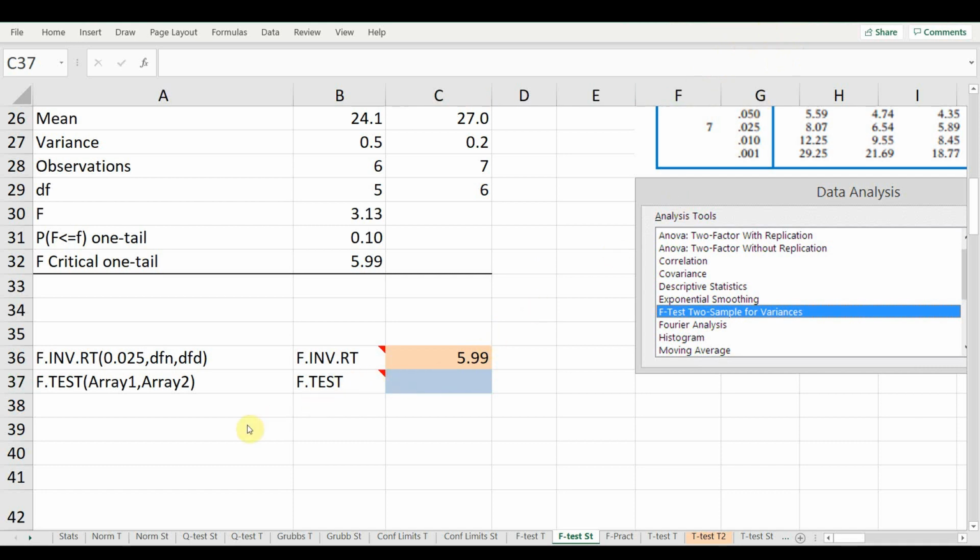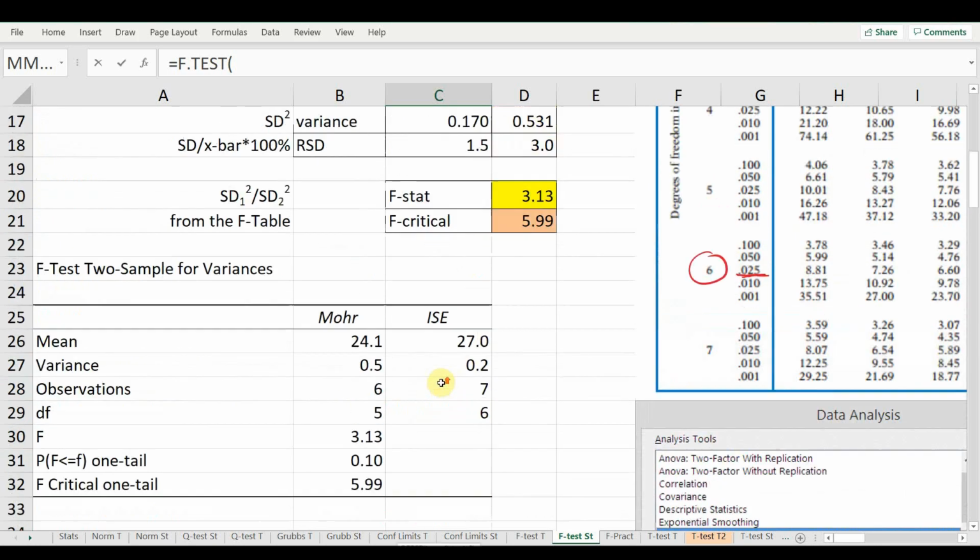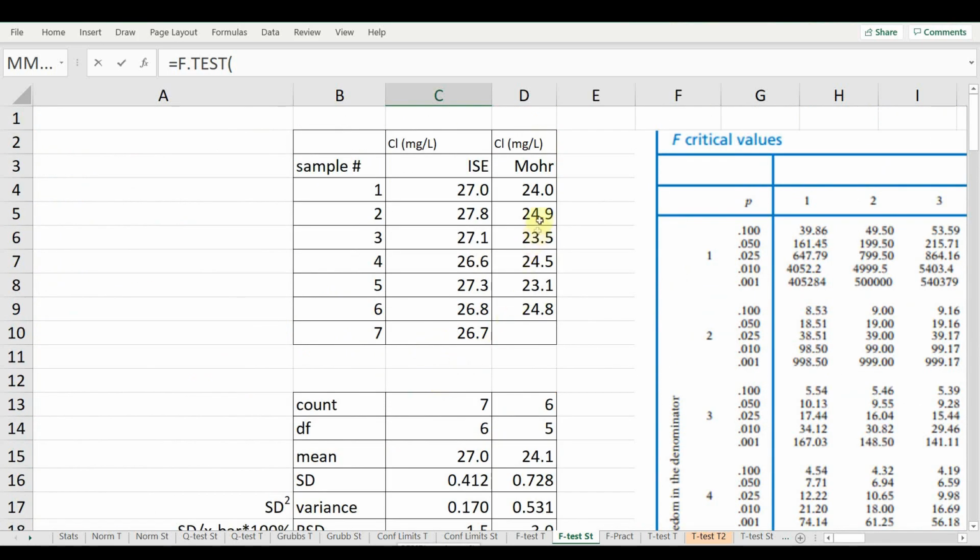Excel also has a function that directly gives us the probability that the variances are the same. It's equal to F.TEST, and we enter the arrays of the two data sets. In this particular case, it doesn't really matter which array we put in first. It works in either case. So here's one array of samples.